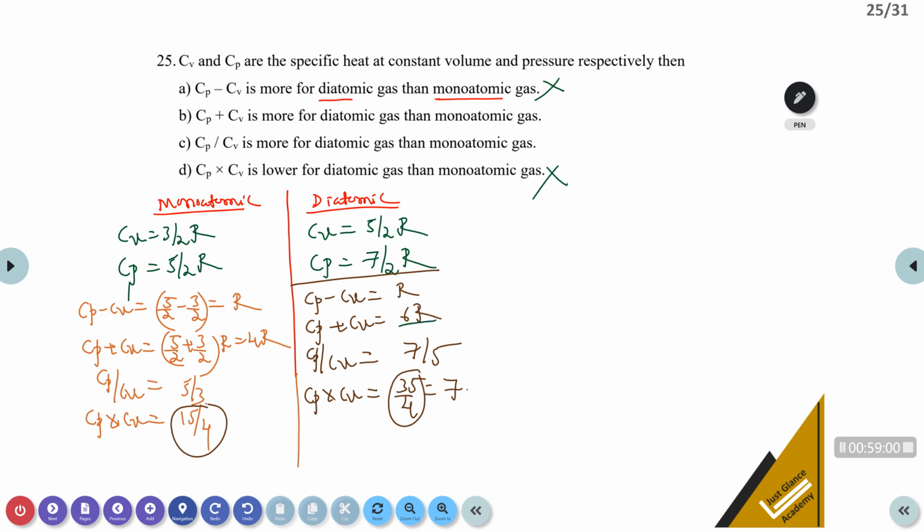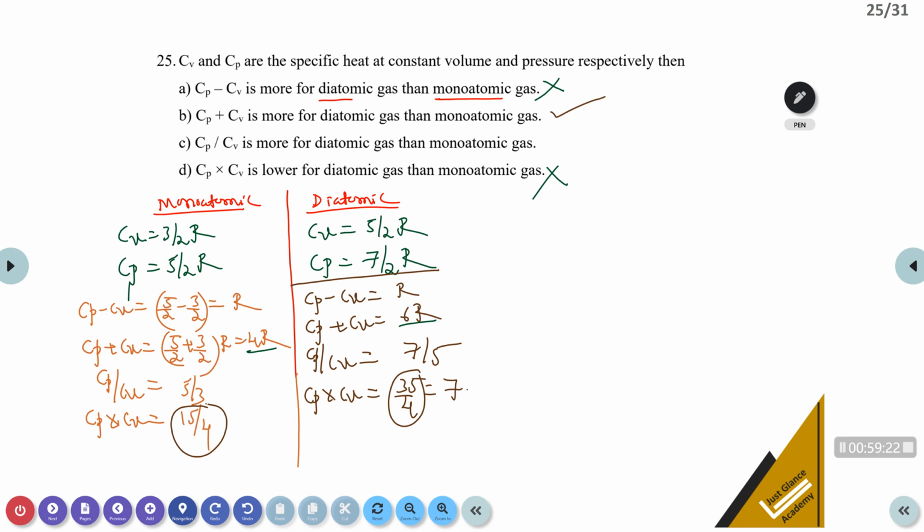Yes, it is 6R and this is 4R, so this is the right choice. What about Cp by Cv? Cp by Cv is more for diatomic gas?